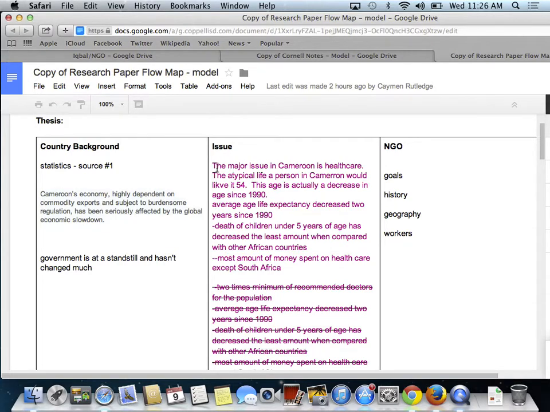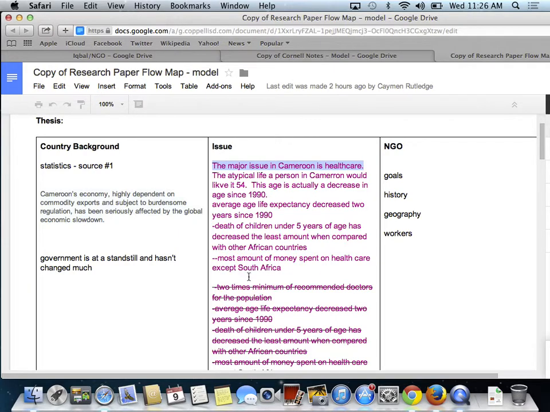So when I'm ready to start writing my paper, I'm actually going to start with a topic sentence. The topic sentence I have here is: the major issue in Cameroon is healthcare. It's letting the reader know that this whole paragraph is going to be about healthcare. And I was making the connection between Cameroon, which is my country that I talked about in the first paragraph, into the issue, which is my second paragraph.